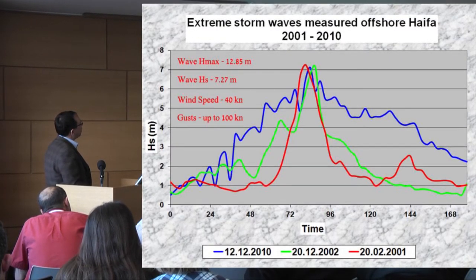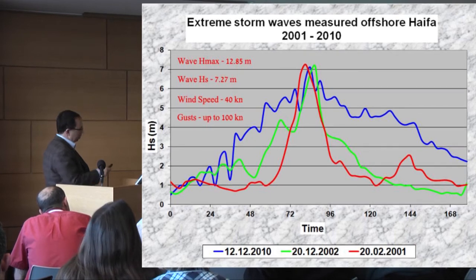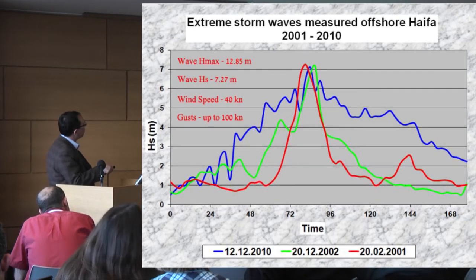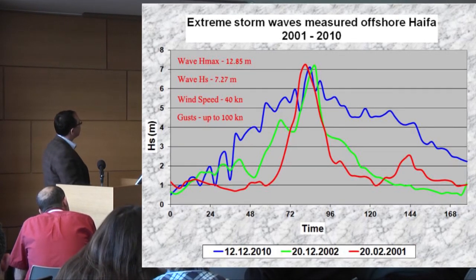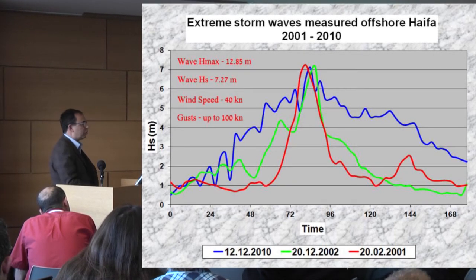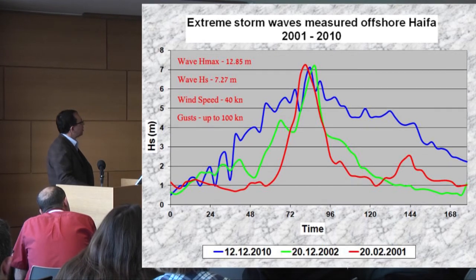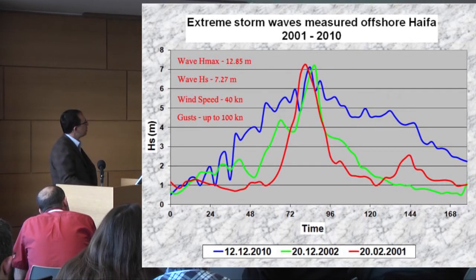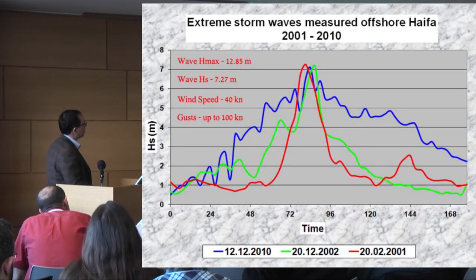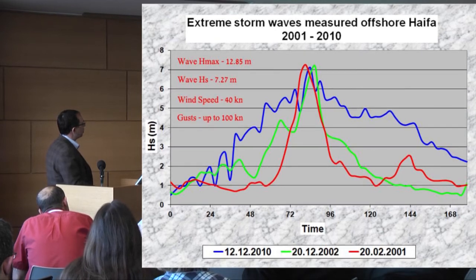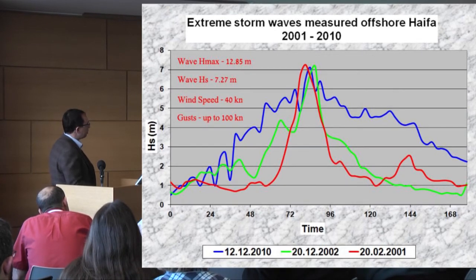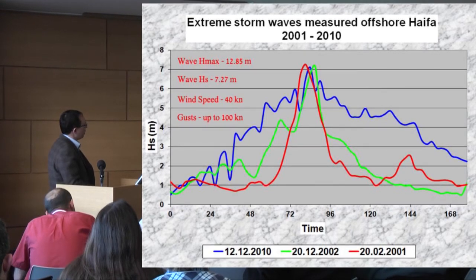Just for example, in the last 10 years, the Israeli coast was hit by 3 major storms. You see the storms were maximum above 12 meters. It's not regular in the Mediterranean, but along the Israeli coast, it has happened many times during the last century.